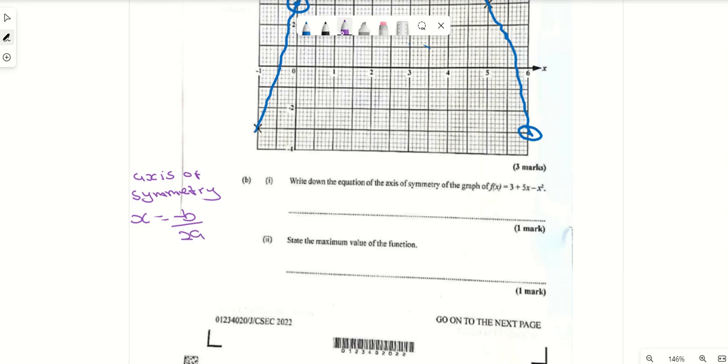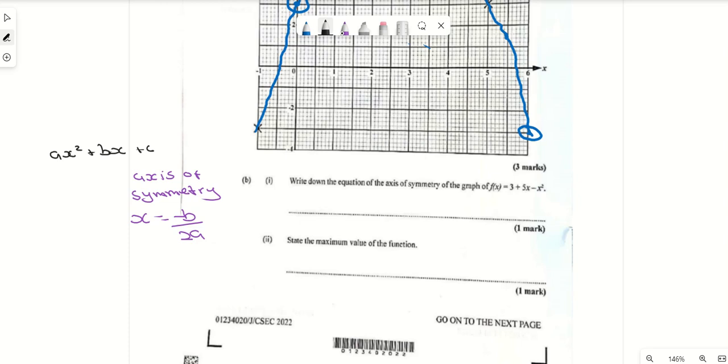From our equation here, remember a quadratic equation is always in the form of ax squared plus bx plus c, where a is the coefficient, the number that is in front of x squared. We're taking the sign as well.